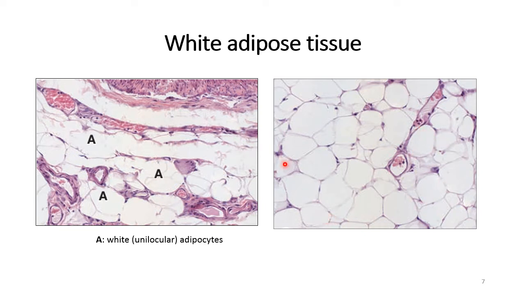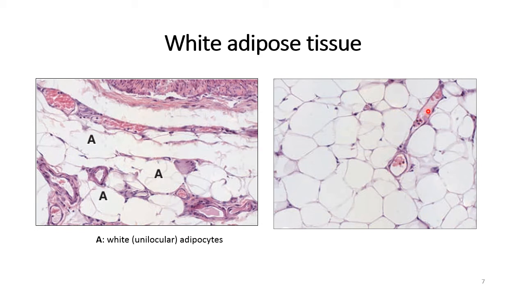On the right side, we have a typical picture of white adipose tissue, and the cells appear empty, as we mentioned, because the lipids are dissolved by solvents of routine histological preparation. And we see here these are blood vessels.